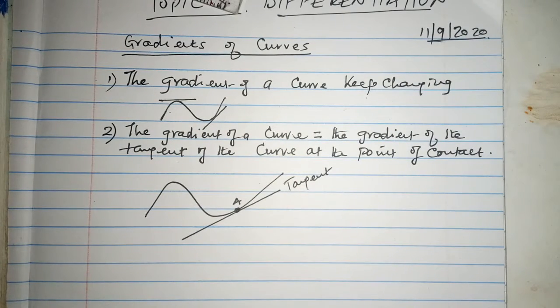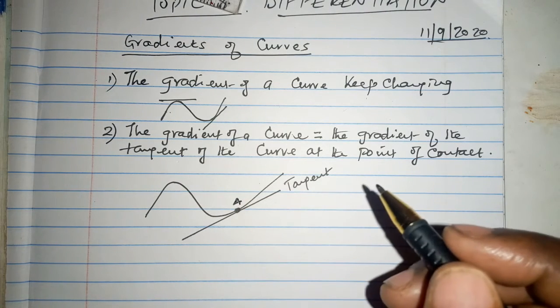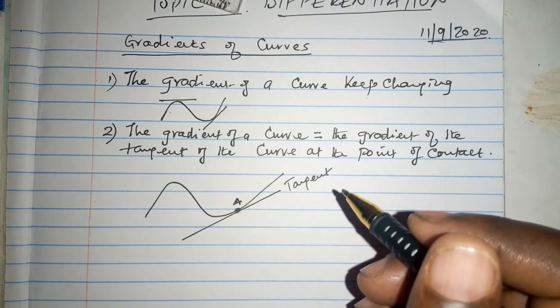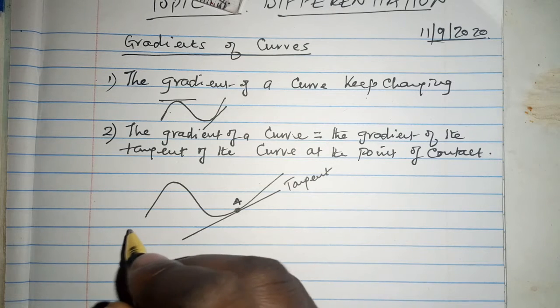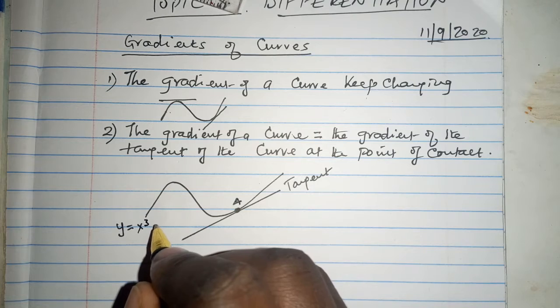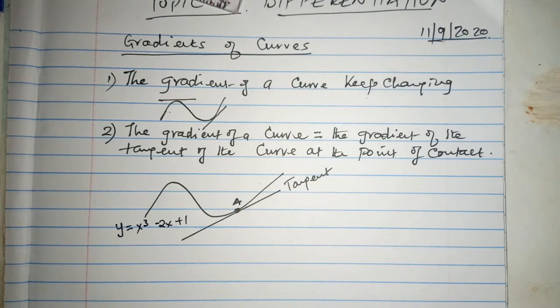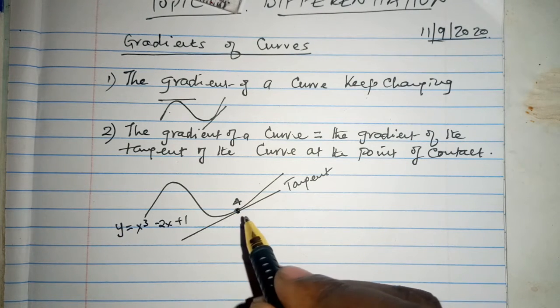Having heard that, it is very important to note the following. If we have a function, let's say y is equal to x cubed minus 2x plus 1, it will have tangents at different points.